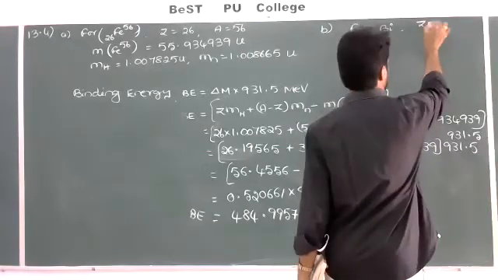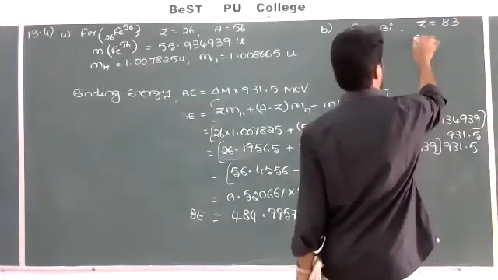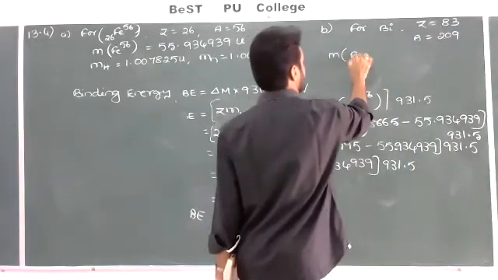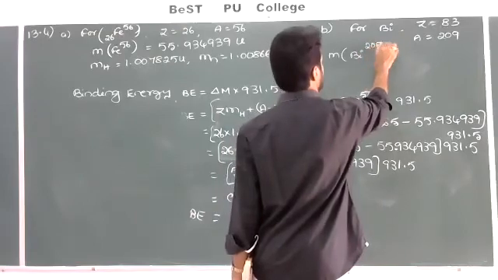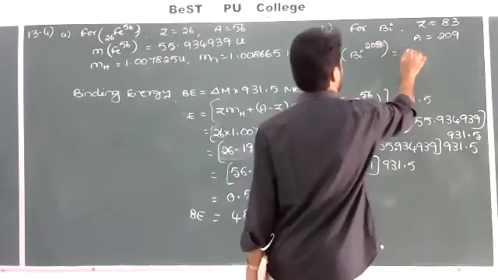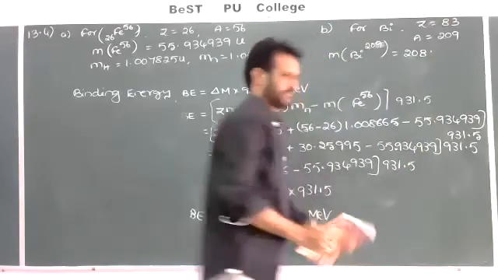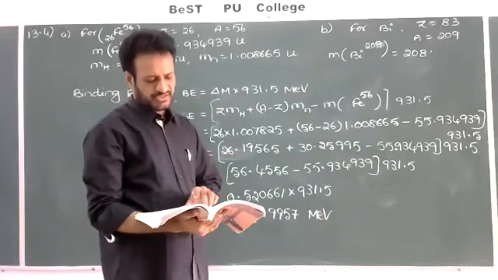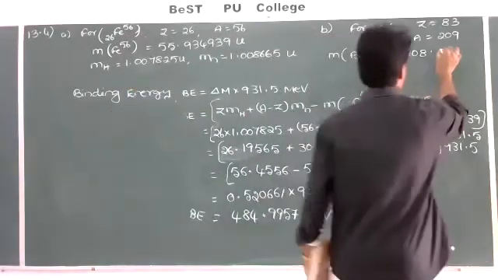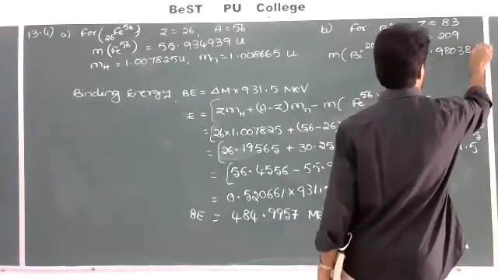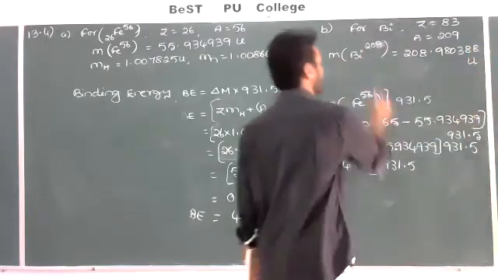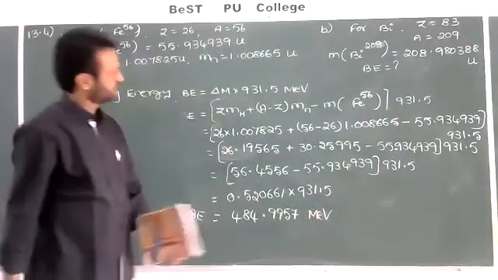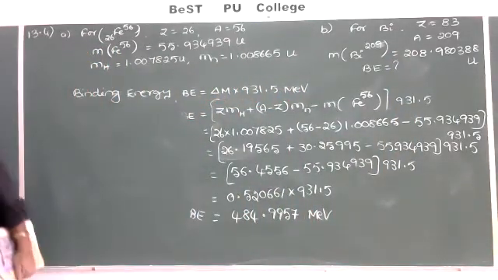Atomic number Z is equal to 83, mass number A is equal to 209, and the mass of bismuth 209 is given as 208.980388 AMU. So here also the same: calculate the binding energy. B is equal to question mark. What is the binding energy? You should calculate.